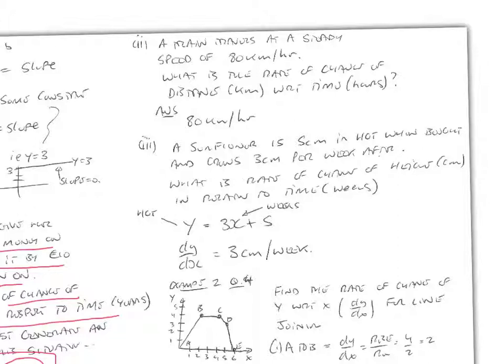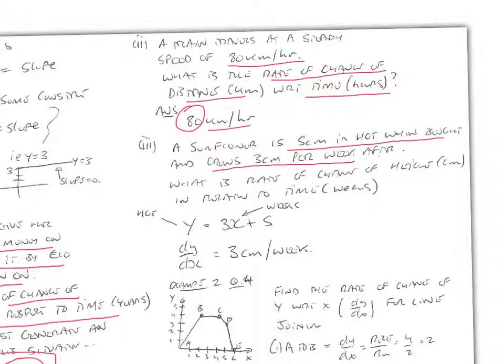A train travels at a steady speed of 80 kilometers per hour. What is the rate of change of distance with respect to time in hours? It's simply 80 kilometers per hour. A sunflower is 5 centimeters in height when bought and grows 3 centimeters per week after that. What is the rate of change of height in relation to time?